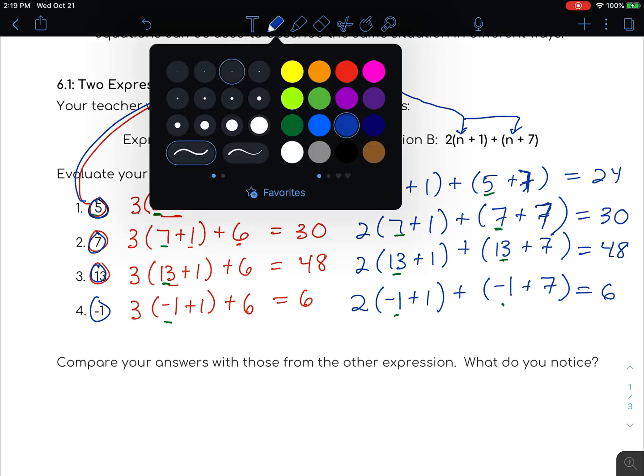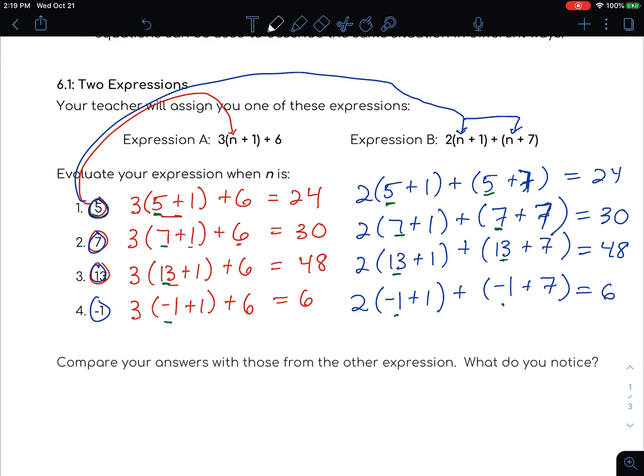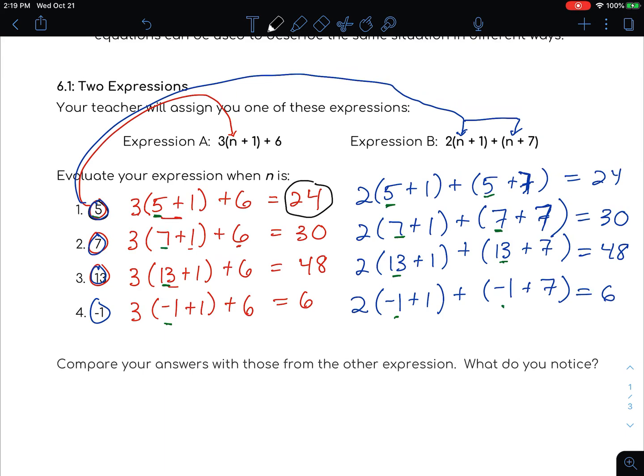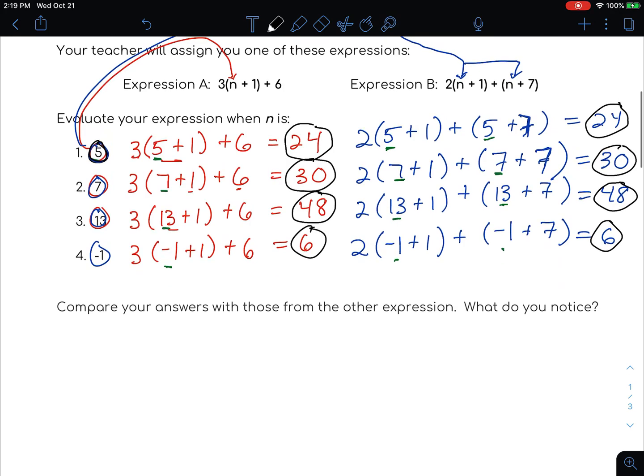All right, so what are you noticing here? You should be noticing that when we substitute 5 in for n, in both expressions we're getting 24. When we put 7 in for n, in both expressions we are getting 30. When we put 13 in for n, in both expressions we are getting 48, and then -1 in for n, we get 6 in both of those expressions.